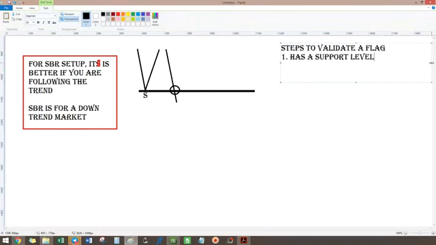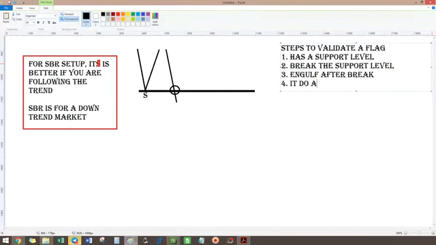First, has a support level, then break the support level. Three, break the support, and then engulf the support level, and then engulf the break. It's engulf after break, then a deepest test.